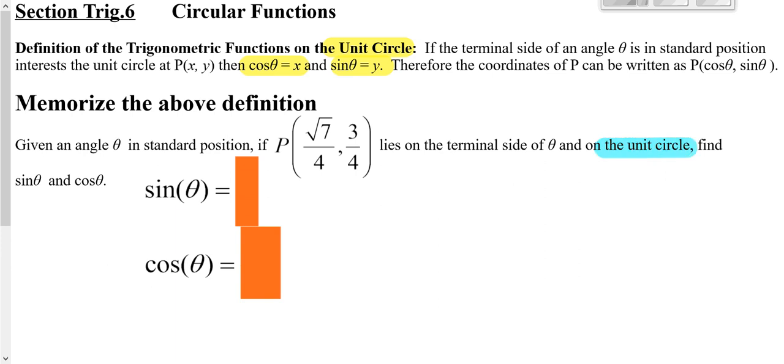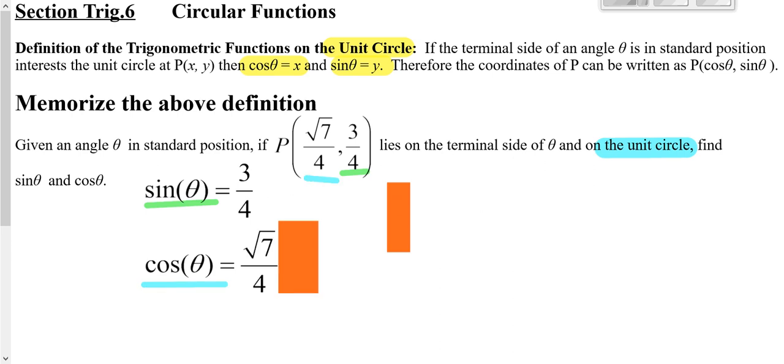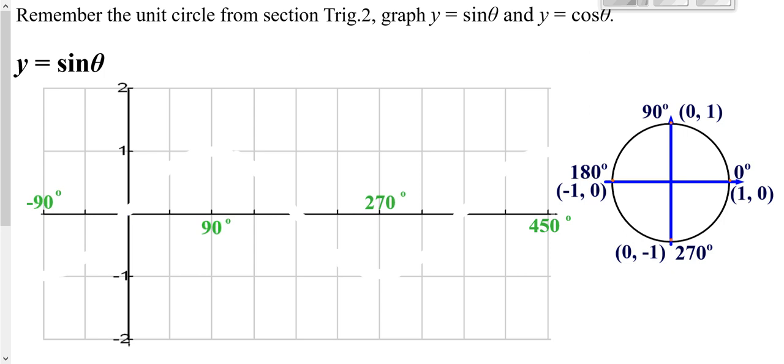So that means your sine is your y value and your cosine is your x value. That's all it is. That's it. Nothing more. But remember, it's only on a unit circle.